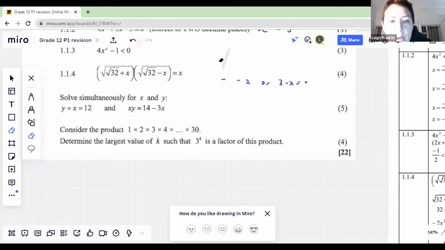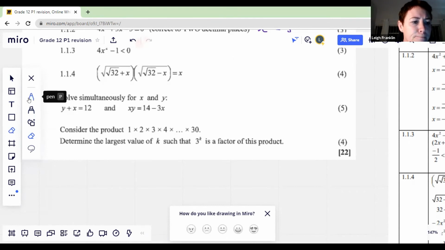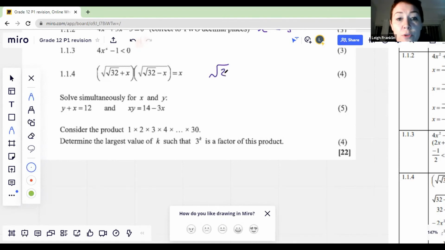Multiply both brackets by one another. Absolutely. So there's a rule in maths. Okay, this is also an application type question. And I think the first time you would come across this would be in grade 10. If you have something like this, if you've got the square root of 2 and you multiply that by the square root of 3, can you write that as the square root of something?